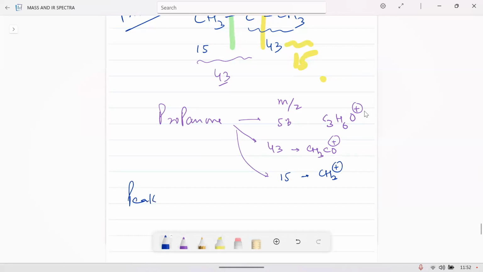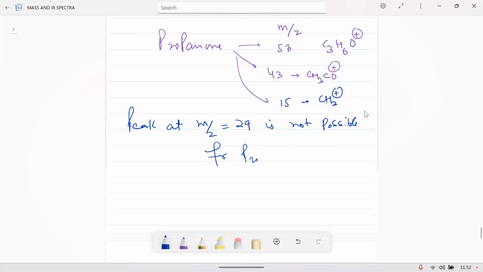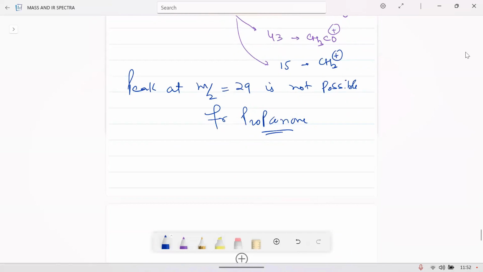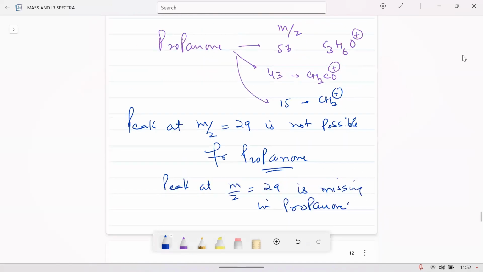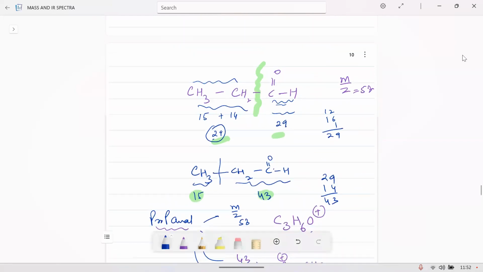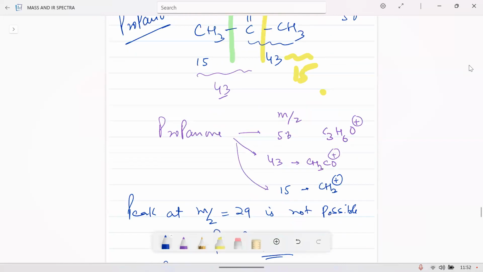The peak at m/z value of 29 is not possible for propanone. Whichever way it fragments, it is not possible. So this peak will be missing. So the peak at m/z value of 29 is missing in propanone.